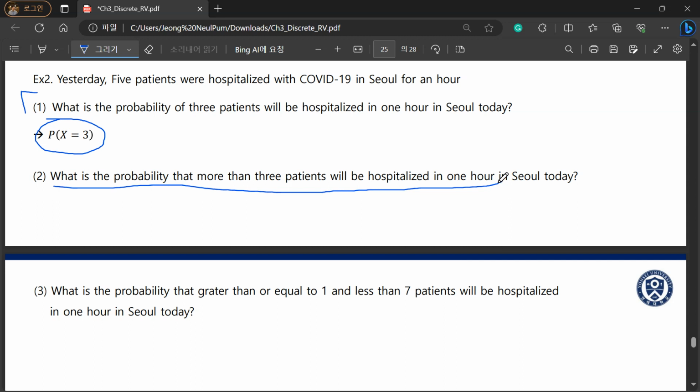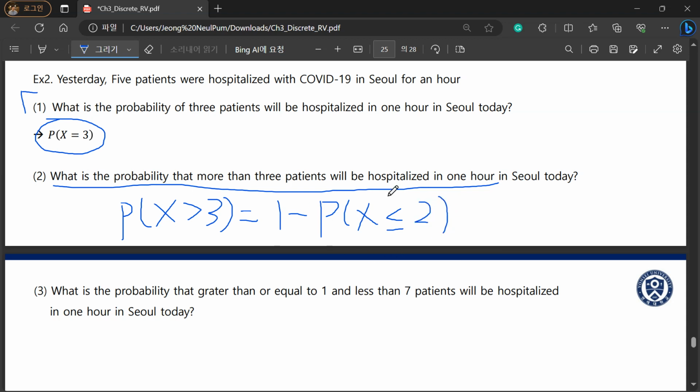And this is about getting the probability when our x is greater than 3. As I already said, it is the same as 1 minus the probability when x is less than or equal to 3.